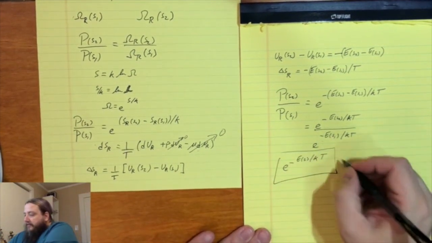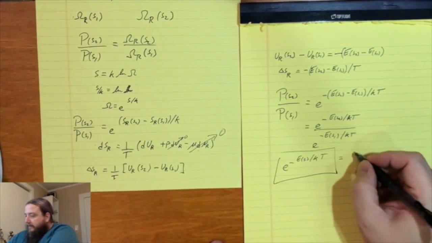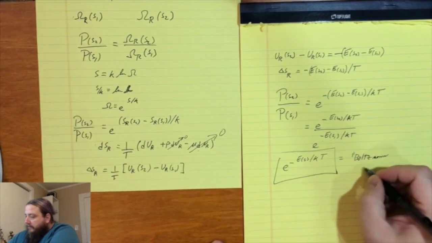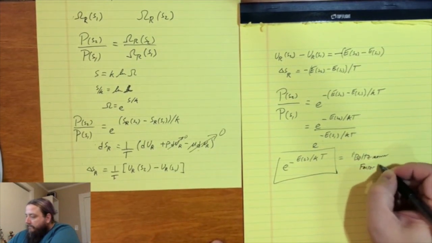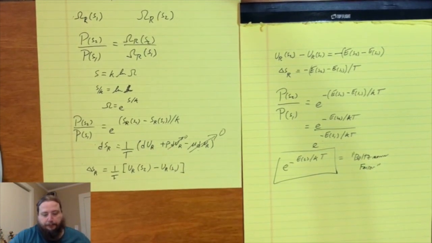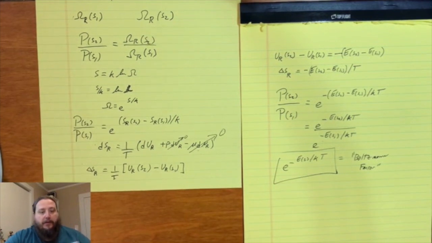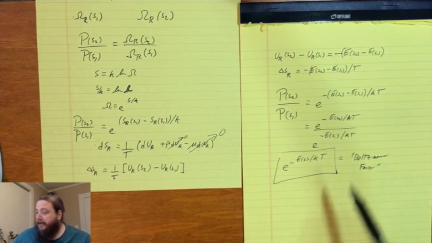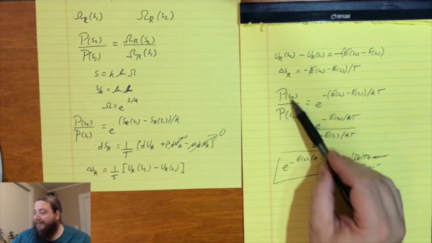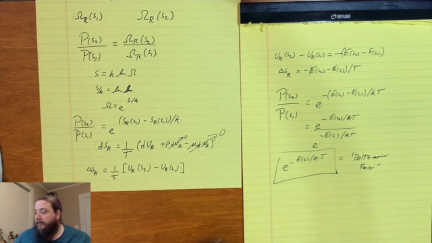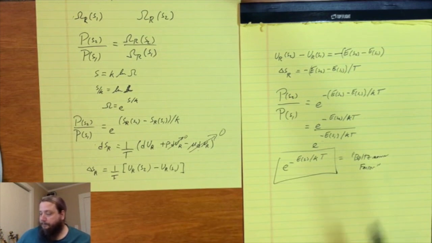And this is what we call the Boltzmann factor. And it turns out that this is a very, very useful tool. We can see here that obviously the probabilities must be proportional to the Boltzmann factors.